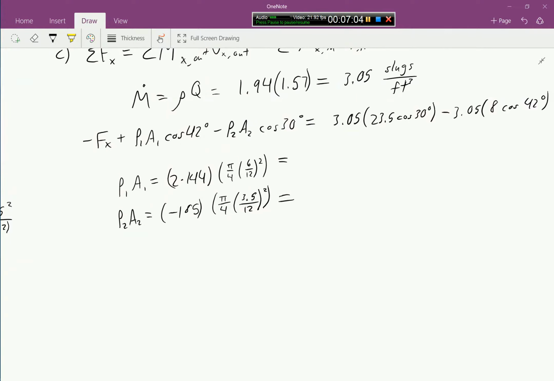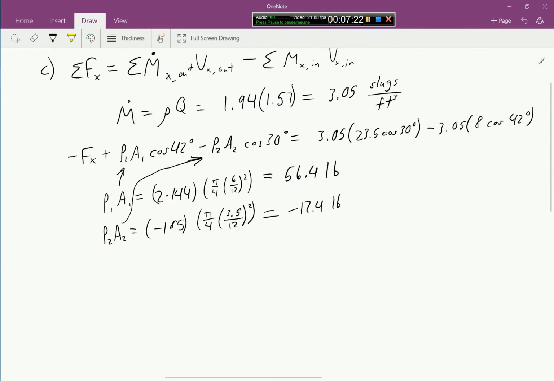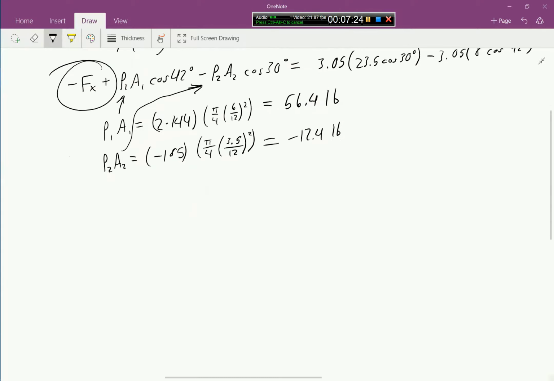And we get these values for P1A1 and P2A2 to be 56.4 pounds for P1A1 and negative 12.4 pounds for P2A2. And we simply plug these values into this equation here, and we'll see that our only unknown is Fx, which was what we were trying to find in this problem.